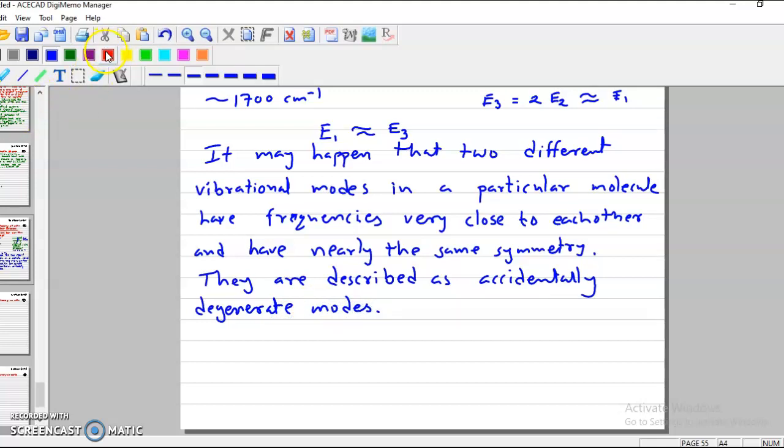So this name is given to these two vibrational modes, that is E1 and E3, which become accidentally degenerate modes.